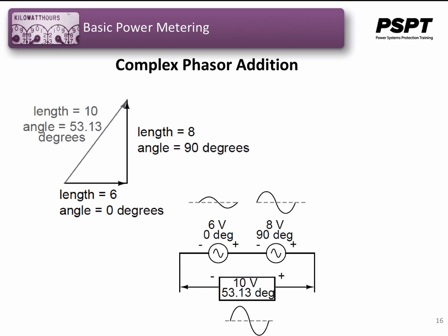In this example, I demonstrated adding two AC voltages together that happen to be separated by a phase angle of 90 degrees, which made the arithmetic fairly easy when we were dealing with phasor quantities in polar notation.